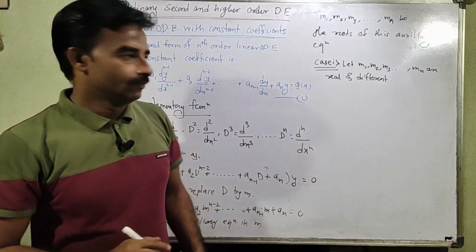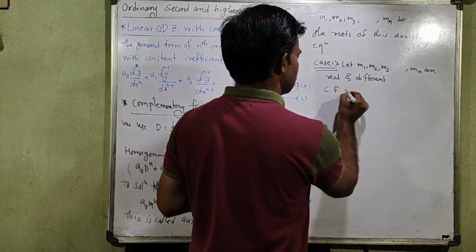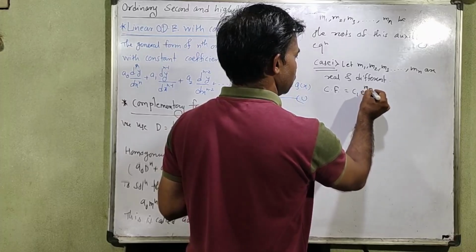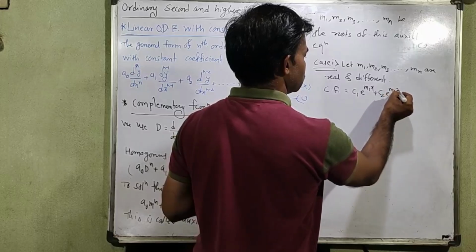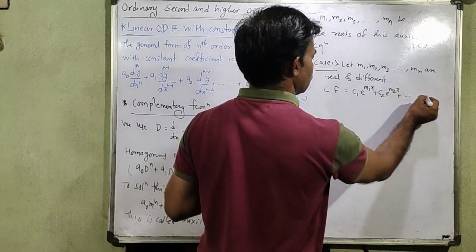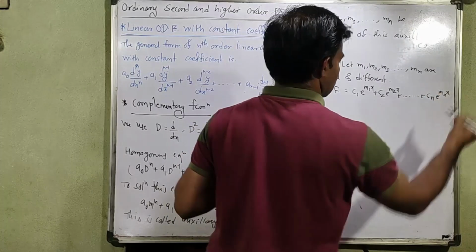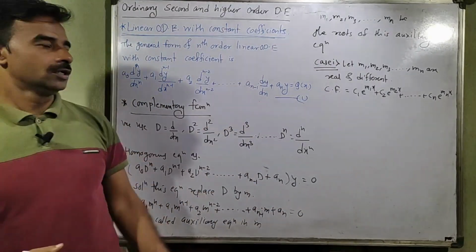At that time you will get the complementary function CF equal to c1 e raised to m1x plus c2 e raised to m2x plus and so on up to plus cn e raised to mnx. And this is your complementary function related with case 1.